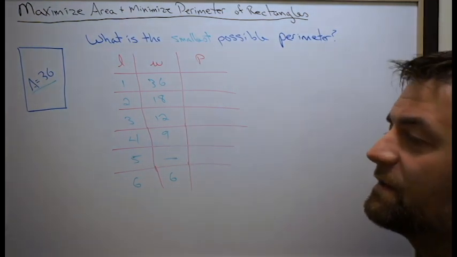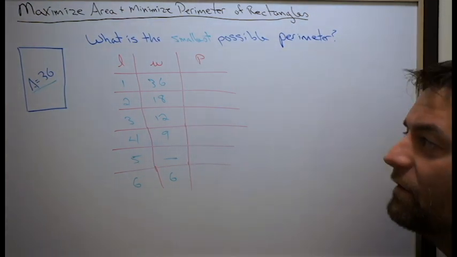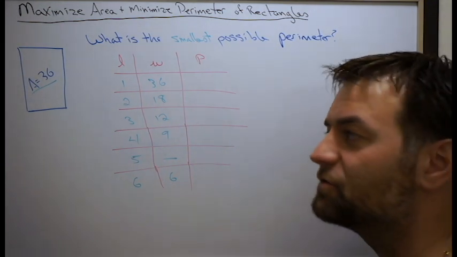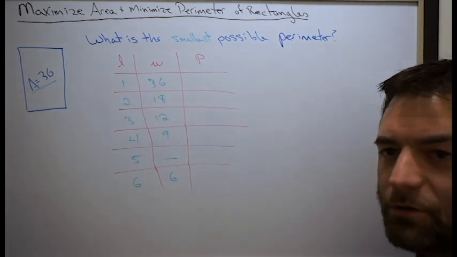Now we take these numbers and add them up to find the perimeter. Perimeter is 2 lengths plus 2 widths, or length plus width times 2.